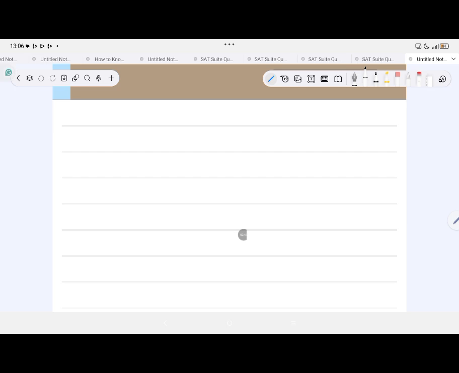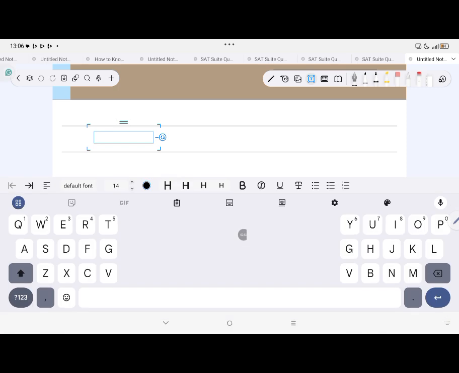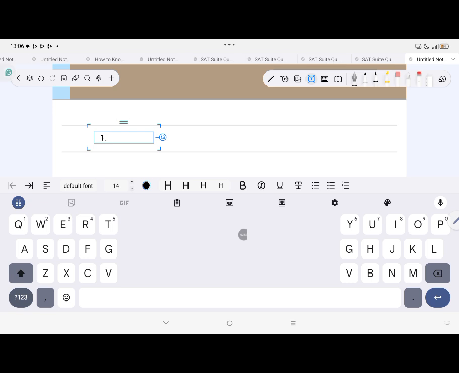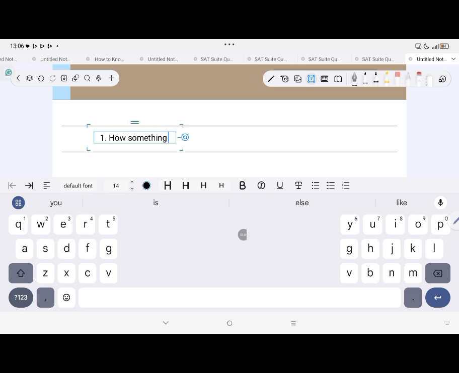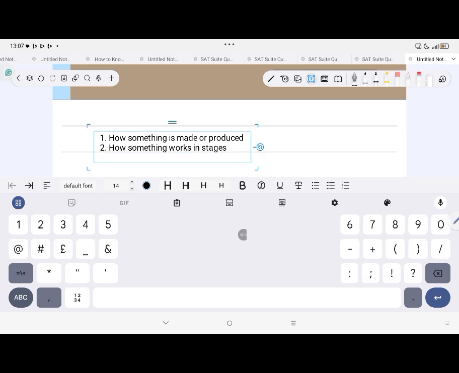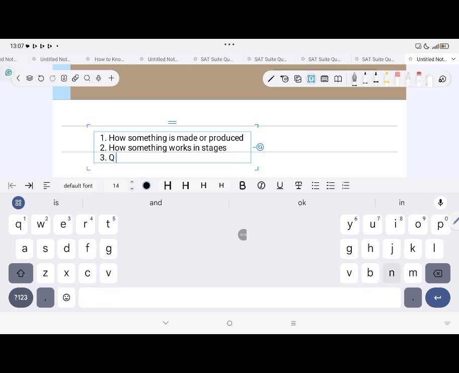But basically, there's a process involved when you encounter this question. So the first thing I mentioned was how something is made or produced. It could be how something works in stages, and it could be a natural process.